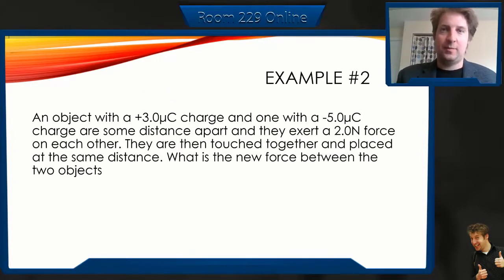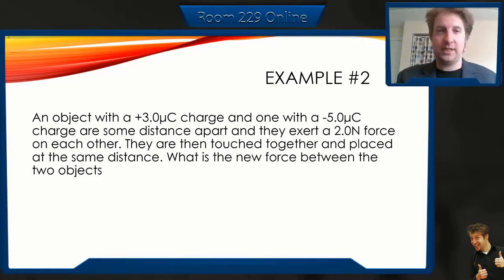let's try another one, a little bit more complicated. We have an object with 3 microcoulomb charge, positive 3, and we have another one that's negative 5 microcoulomb. And there's some distance apart. They don't tell us what the distance is, but they tell us that the force between them is 2 newtons.